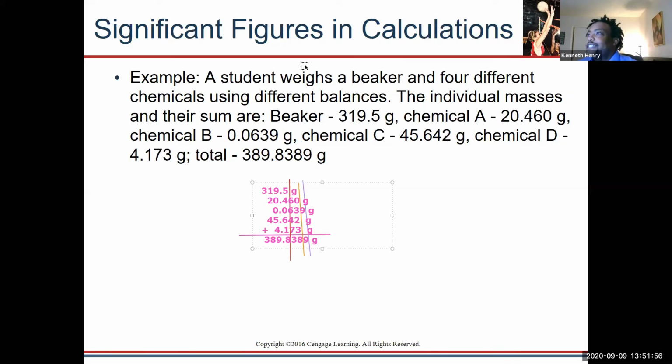Okay, so the first one. So we have that 3. So what are we going to do with that 3 since it's on the other side of the line?